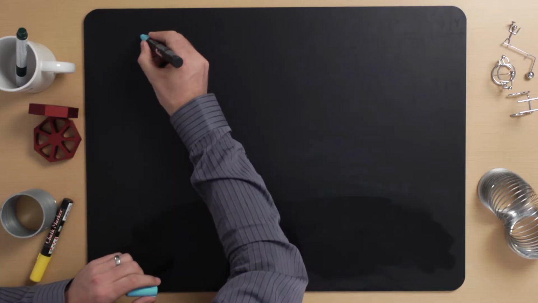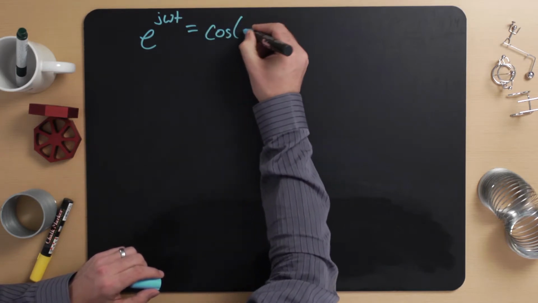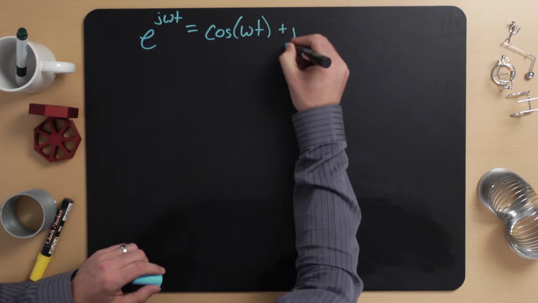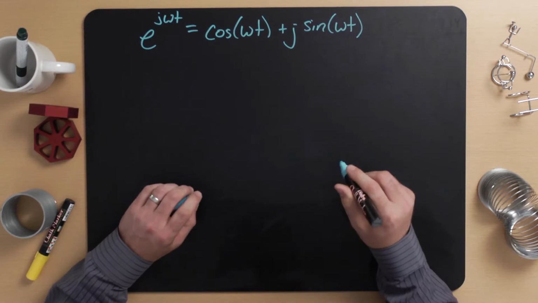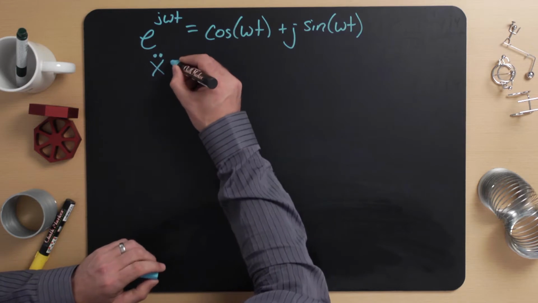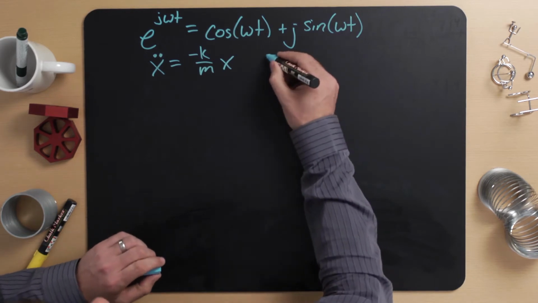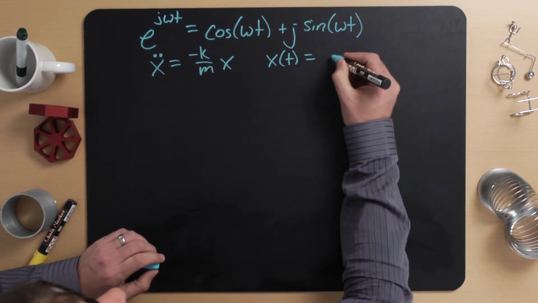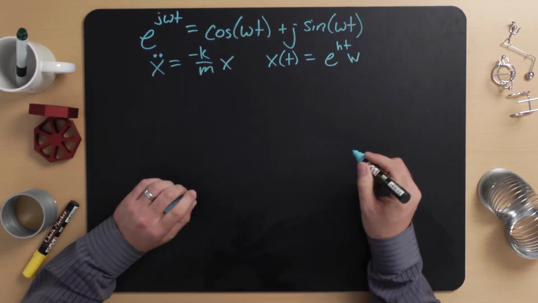Now we get to use Euler's formula anytime that we want to say an ODE has an exponential solution. So I'm going to write down Euler's formula. E to the j omega t is equal to cosine of omega t plus j sine of omega t, so that we have it for reference in the future. So for instance, if I had just our spring mass system, x dot equals minus k over m x, and I assume that I have an exponential solution, x of t equals e to the ht times w, where w is some constant.